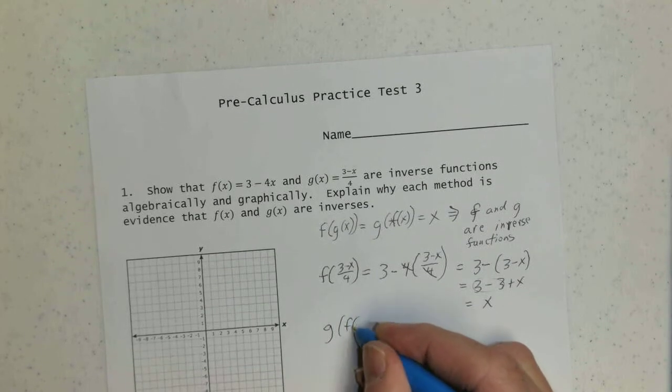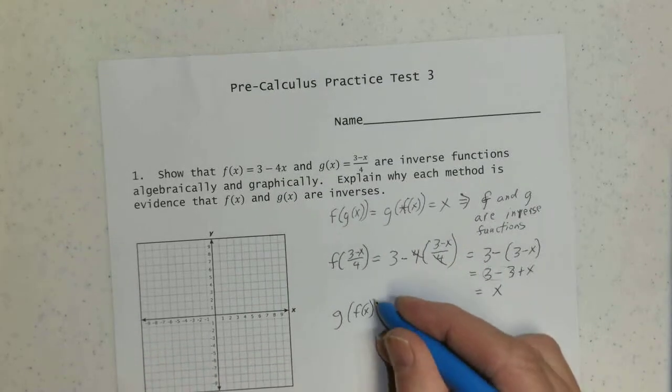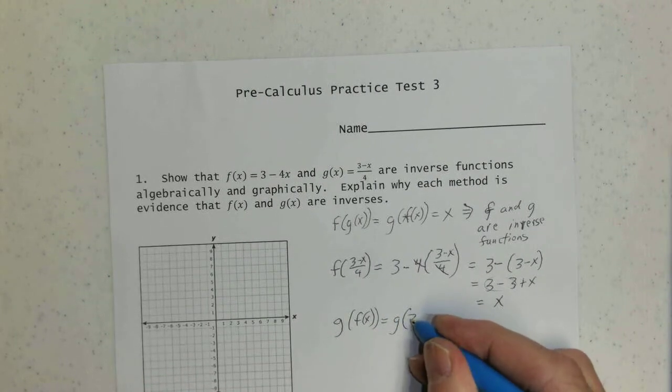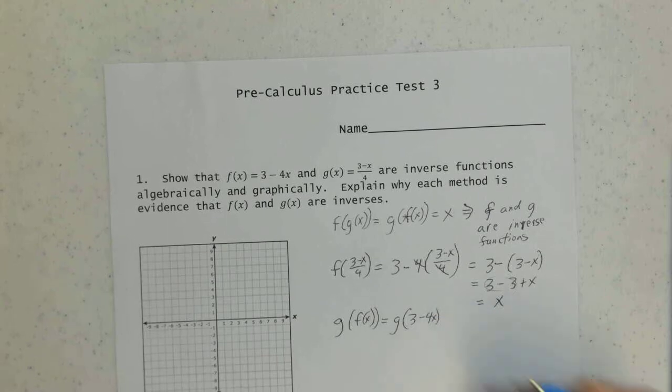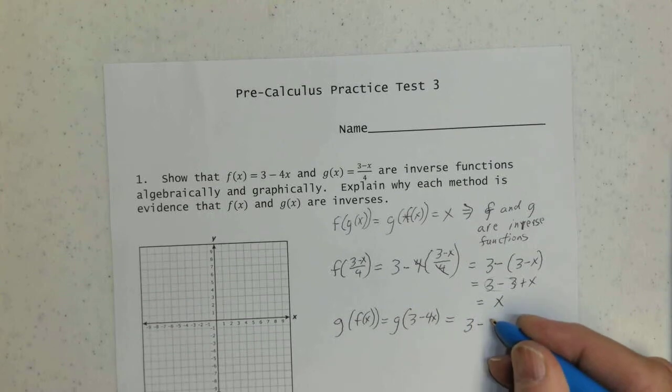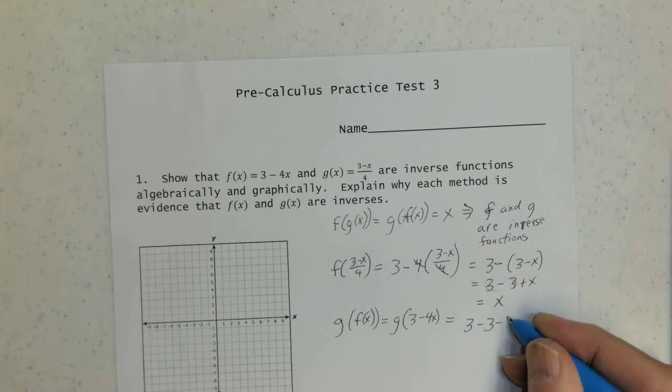G of f of x. That's g of 3 minus 4x, which is 3 minus 3 minus 4x.